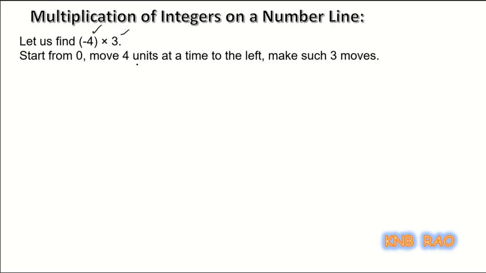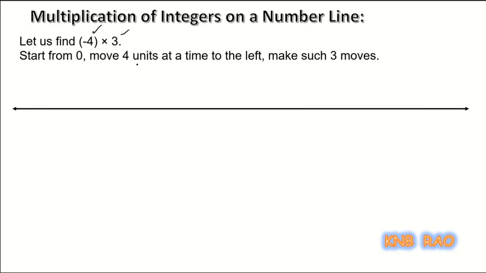Let us see the product, how it will be. You have taken a number line, marked points on it, where you are moving now 4 units at a time towards left of 0. And how many such jumps you will take, this is what the other multiplicand is giving us. As a first jump, I jumped from 0 to minus 4.